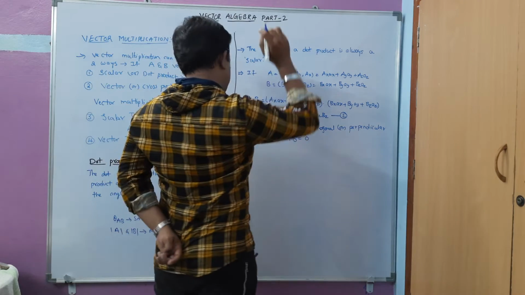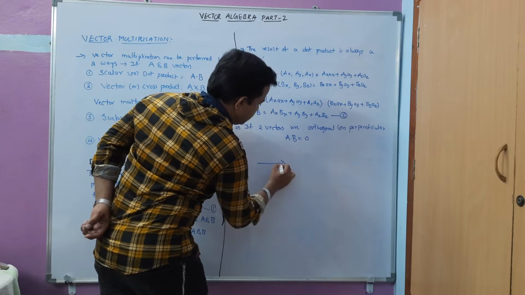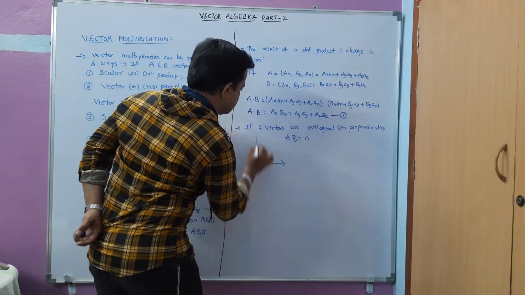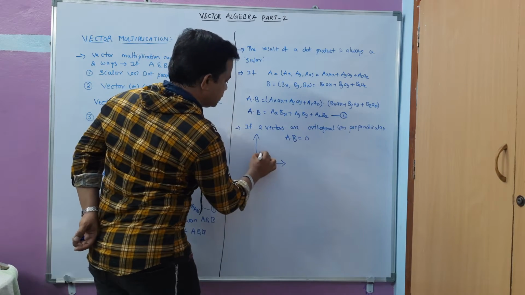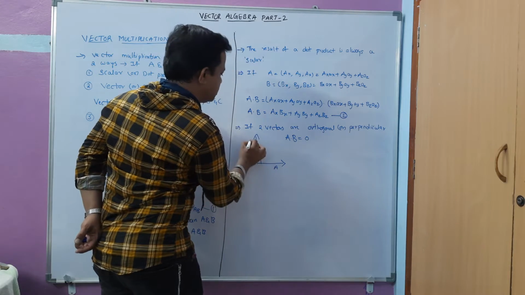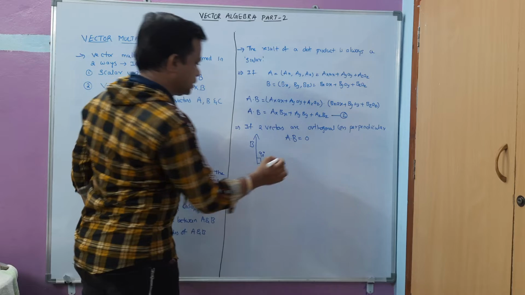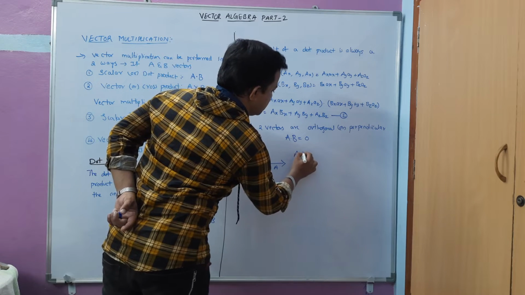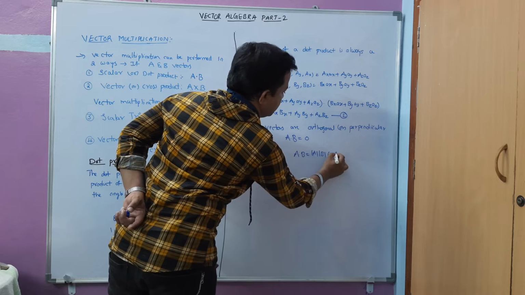Suppose I take a vector like this, and another vector like this, perpendicular. Perpendicular means the angle is 90 degrees. This is A and this is B. The basic definition is A dot B equals AB cos theta of AB.